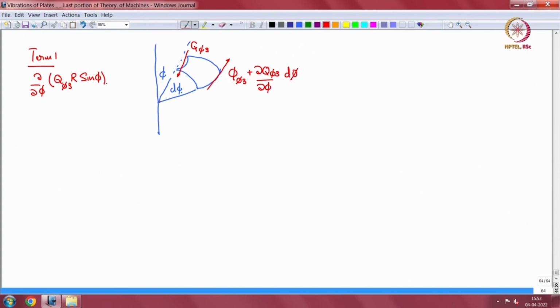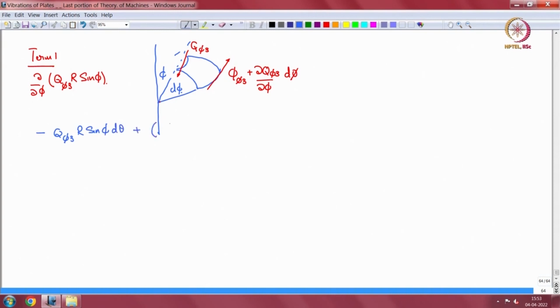Now these are still force resultants, so we have to make them a force. So let us begin. On the negative side I have minus q phi 3 r sin phi d theta.